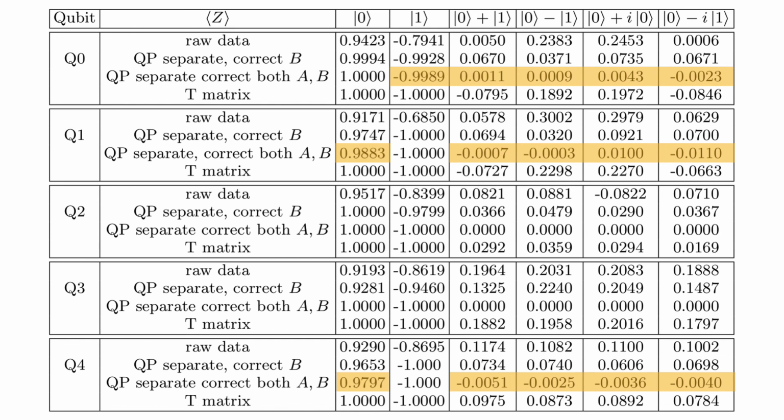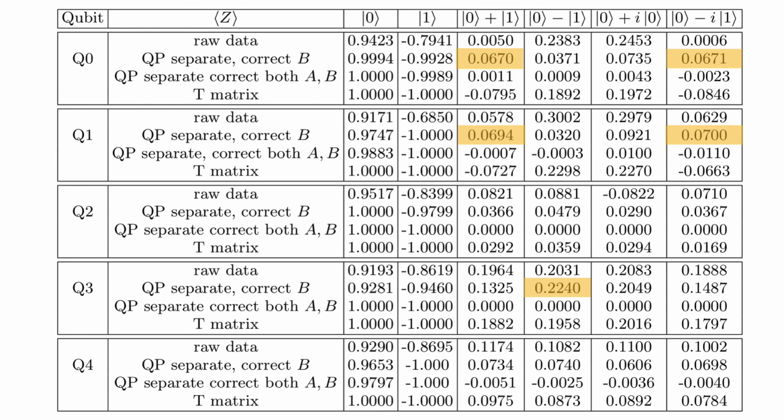We have to say, in some cases, only mitigating B gave worse results than raw data. Strictly speaking, it failed to pass a validity test. Our point is they are not seriously wrong. We agree that there is room for improvement, but we don't think this is a fundamental defect for quasi-probability decomposition.